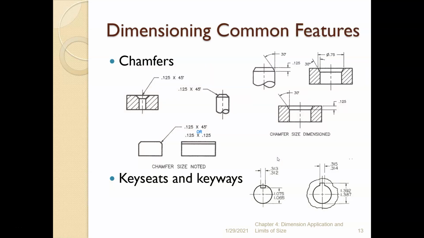Chamfers, we all know what a chamfer is. A chamfer is just basically a turning down of a cylinder, whether it could be in a hole, it could be a positive cylinder like that. These are some examples of how we dimension chamfers. All of these are acceptable. All these are according to the standard. How do we dimension key seats and keyways? Well, here we go.